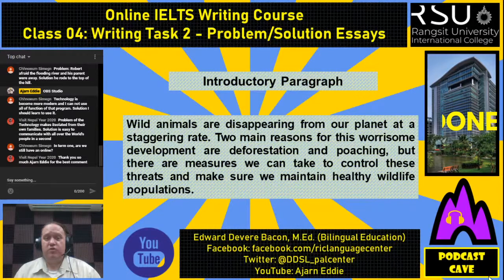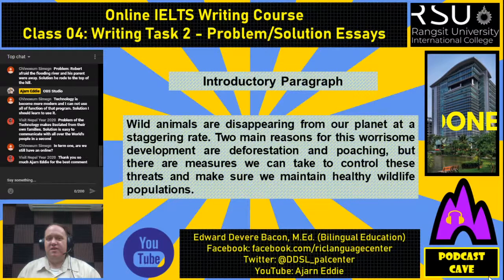So really, why should the reader continue reading your essay? Because you already gave all the answers up. In this scenario, it's kind of like they leave a little carrot for you. So they tell you the problems, the reasons behind the problems, and they're going to say, hey, I got a solution, but I'm not going to tell you what it is because I want you to read my full essay.